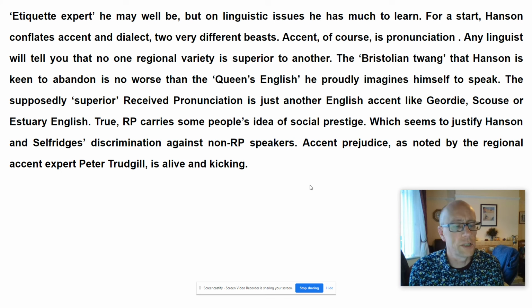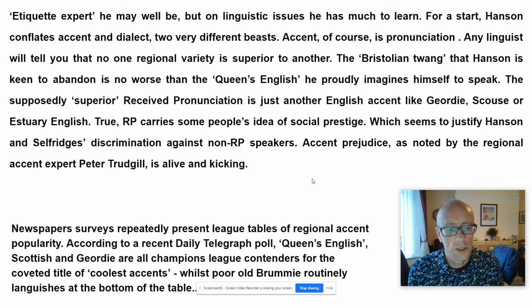Okay, so there's an argument that you're putting through here where you're truly assessing the ideas that came through on text A and B, and you're putting forward your own points of view. Newspaper surveys repeatedly present league tables of regional accent popularity. According to a recent Daily Telegraph poll, Queen's English, Scottish and Geordie are all Champions League contenders for the coveted title of coolest accent, while poor old Brummy routinely languishes at the bottom of the table.